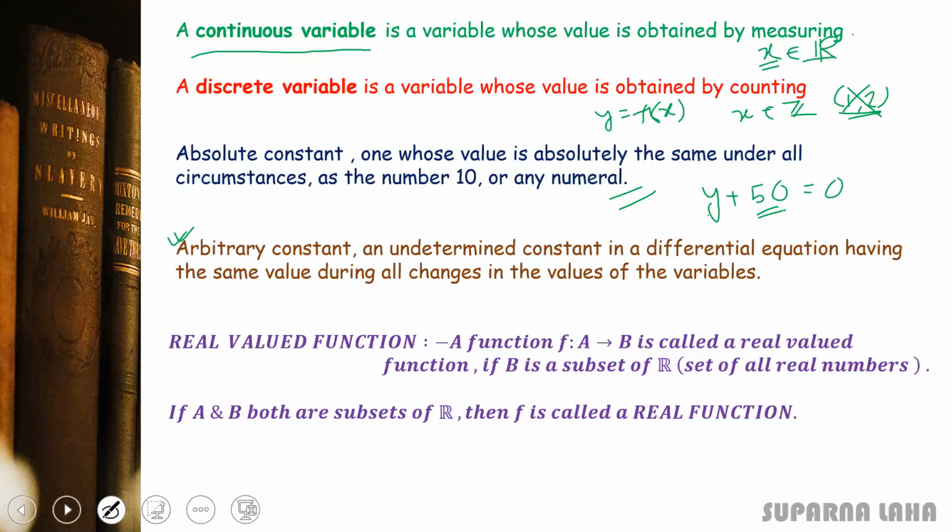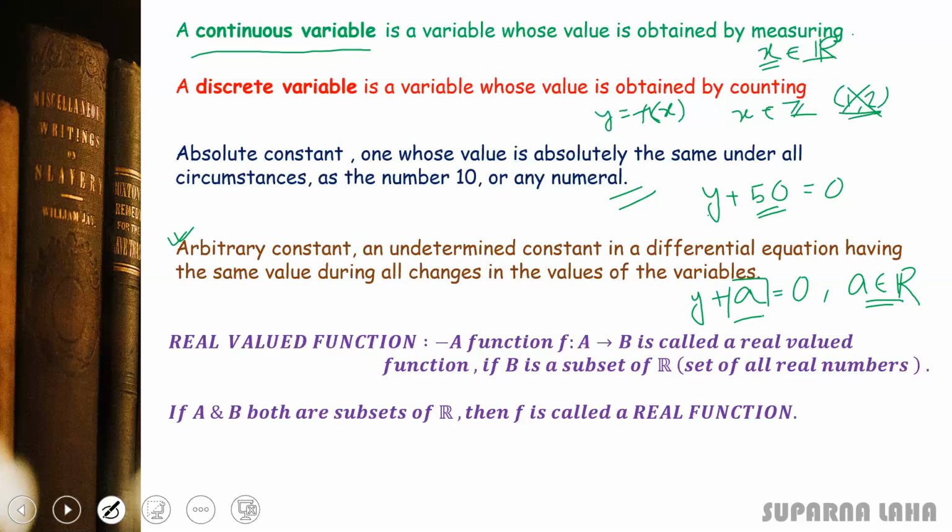Here we call this an absolute constant. But if we write y plus a equals 0, and we choose this a from the set of real numbers, that time we will call this a an arbitrary constant.